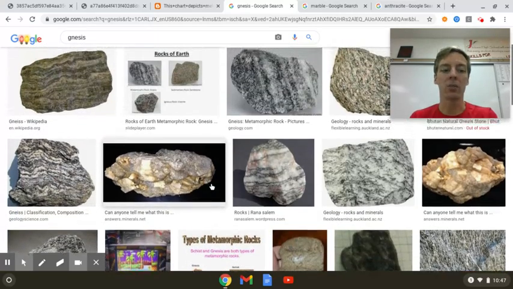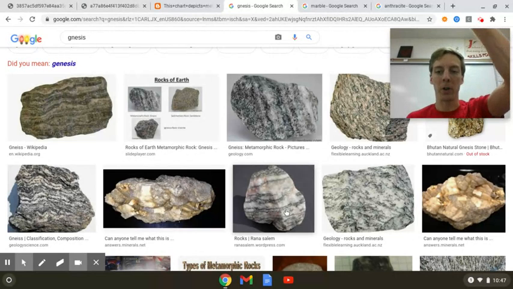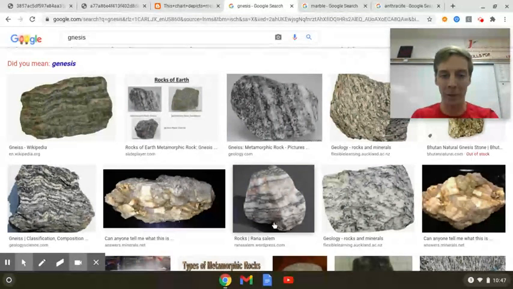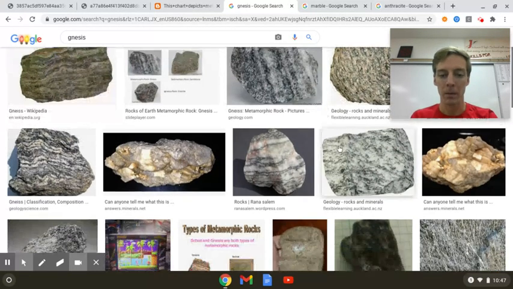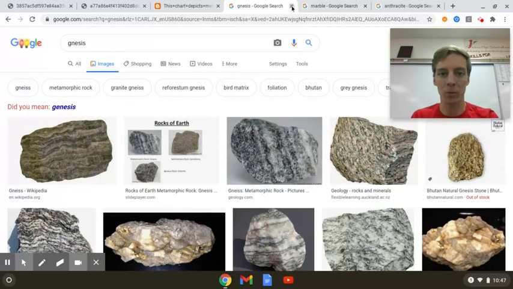The other interesting thing: if these layers go side to side, it's because the pressure was up and down and squished all the layers out perpendicular to it. So if you see layers in this direction, then you know the pressure was from top and bottom. And they laid this rock sideways, so pressure would have been from this side and this side. So there's some gneiss rocks.